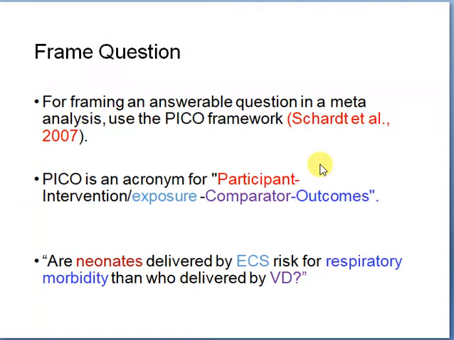We can clearly state we have around four components here, as you can see. The neonate is the participant, and elective cesarean section is the exposure. And we have respiratory morbidity as an outcome, and vaginal delivery is the comparator group or the control group.